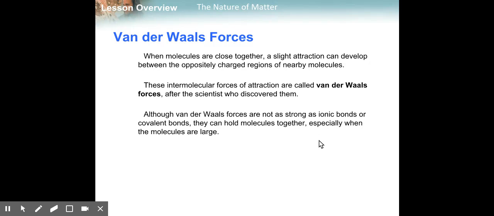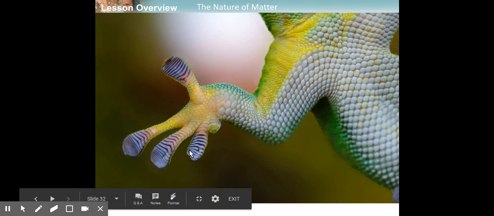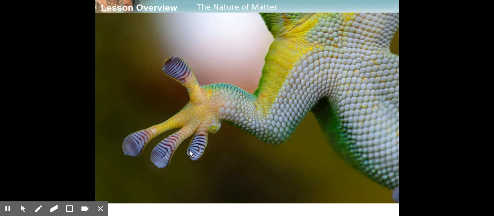So when these charged molecules are close to each other, they might be attracted to each other. This is called Van der Waals forces because some guy named Van der Waal discovered them. They're not real strong, but they can hold things together. And this applies to biology because, like a gecko's feet, they can climb up the side of a window because of Van der Waals forces.